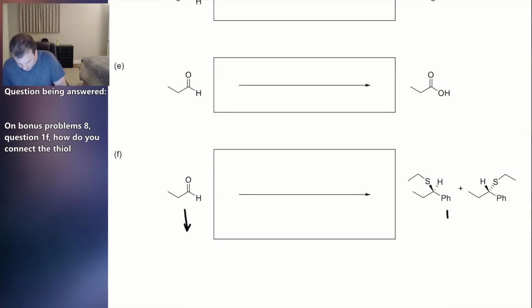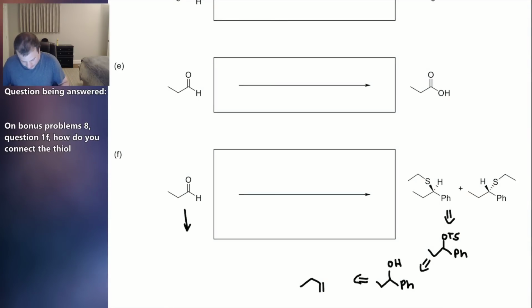So if we do a retrosynthesis here, you could replace the thiol group with OTs, not worrying so much about stereochemistry here. And then remember we talked about using dead end groups, and then the OTs in our retrosynthesis would then become an OH group. And now this appears to be the product of a Grignard addition to an aldehyde.